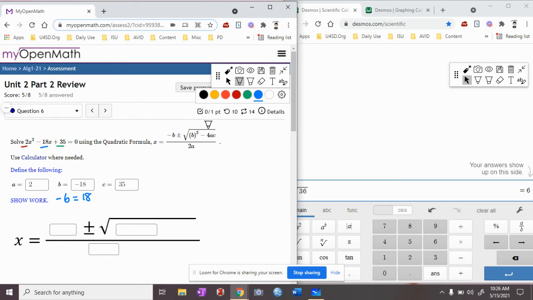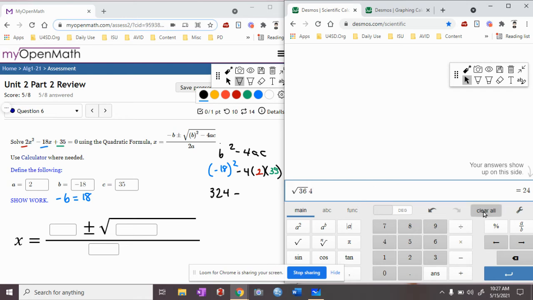My discriminant, the b squared minus 4ac, we're going to put the negative 18 here, minus 4 times my a times my c. Well, my a is 2. My c is 35. All right, 18 squared is 324 minus, and let's do this over here.